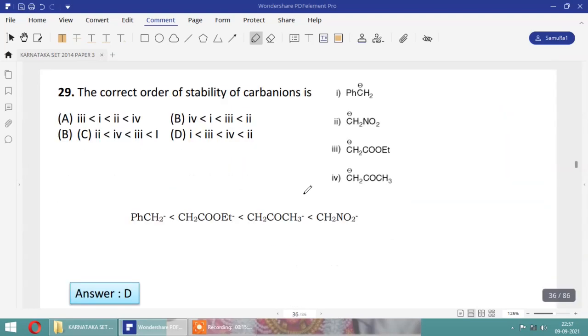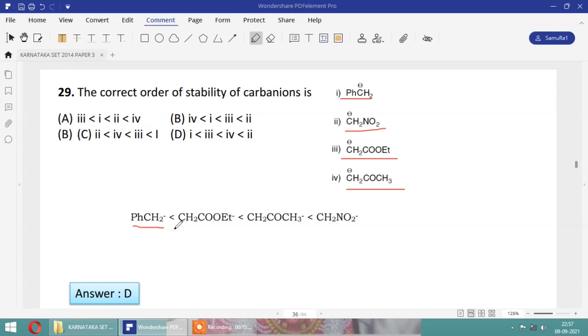The correct order of stability of carbanion. Various carbanions were given. You see here. In this carbanion, you listen, PhCH2 due to ring current, carbanion was less stable.